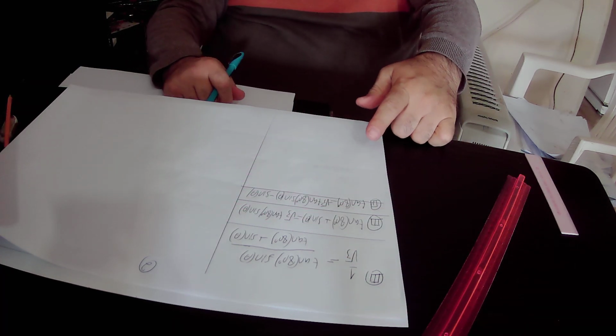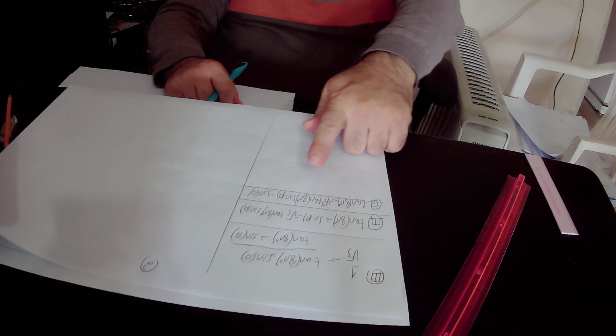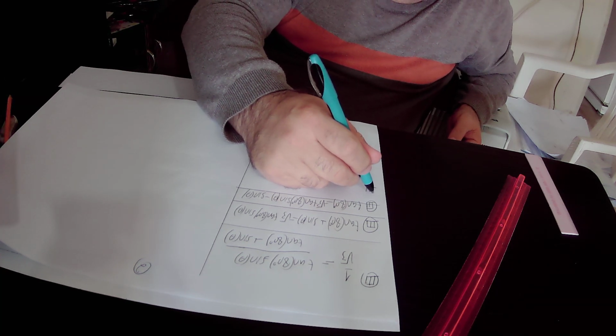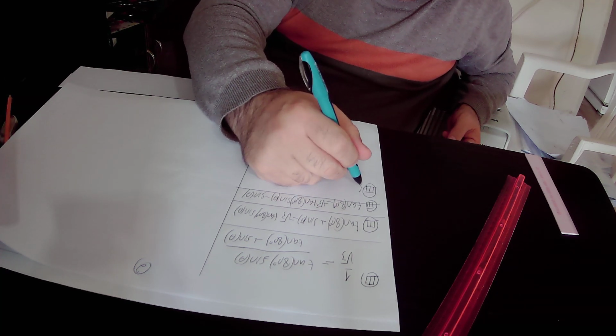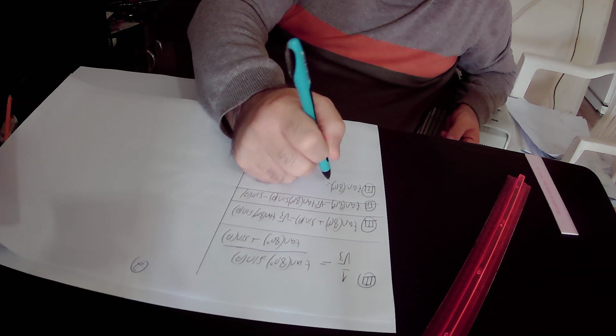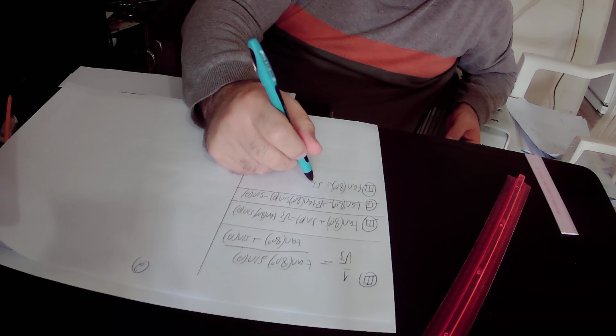Here we will take out sine theta as a common factor on this side of equation number 3, and we will get that according to equation number 3, tangent 80 degrees equals sine theta, which was taken as a common factor on this side.